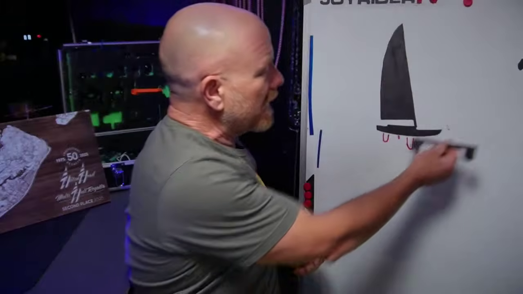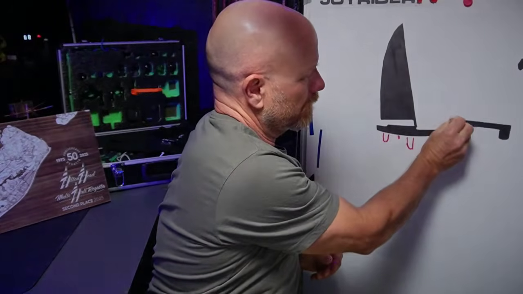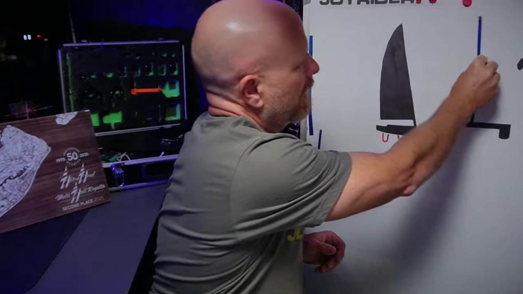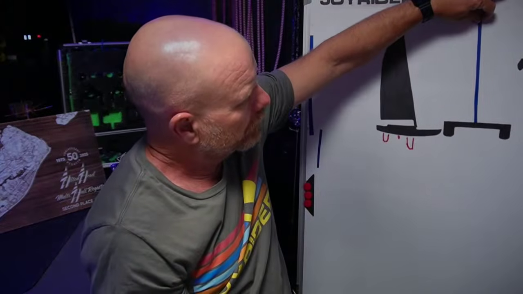But what that is also doing is, if we look from the back, with the rig tension pulled on tight, if we look at the mast from behind, it would be completely straight up.